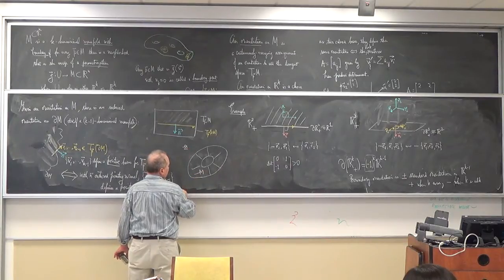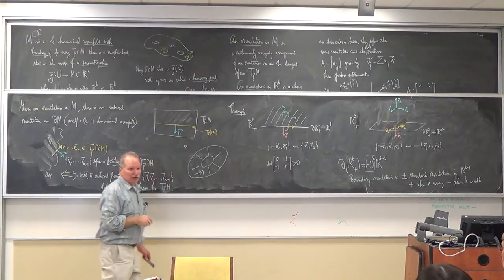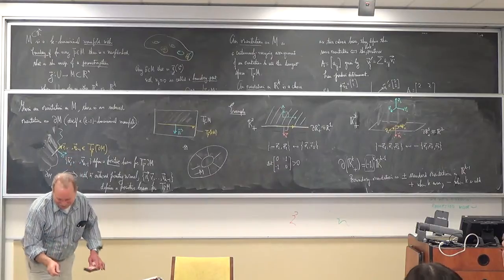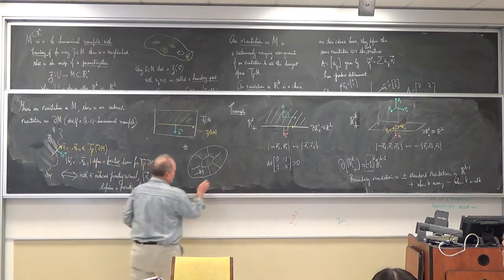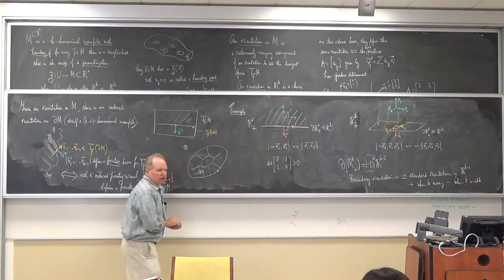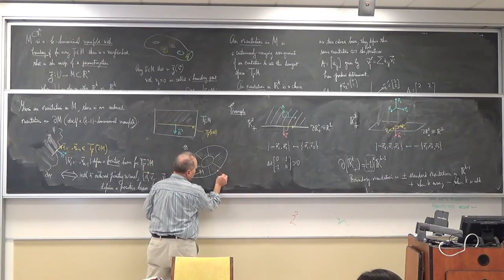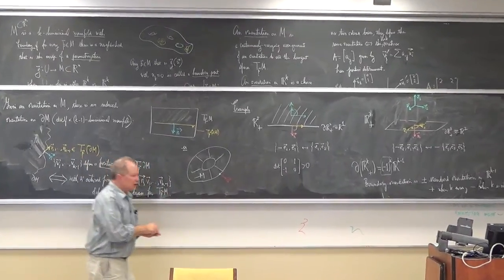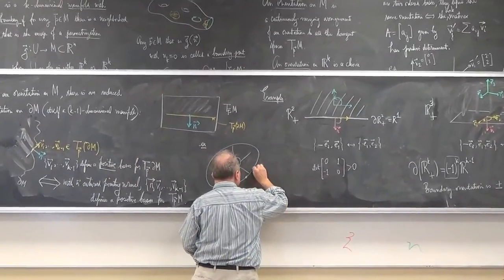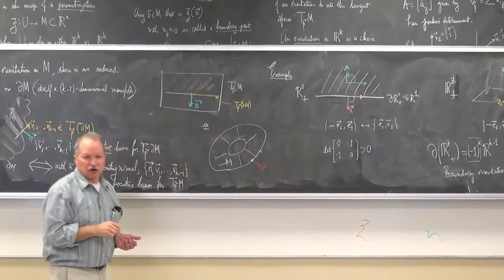So this is M, a two-dimensional manifold with boundary. What's the boundary orientation? I've just said that at a boundary point, you have to take the outward normal and then the correct direction so that that gives you the correct orientation.